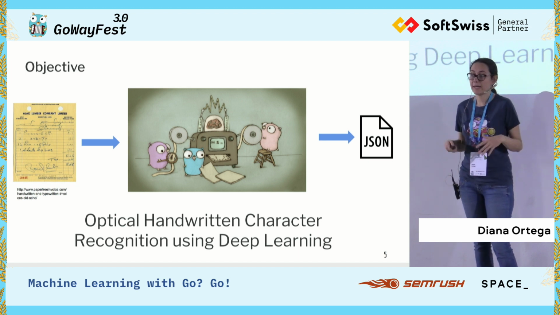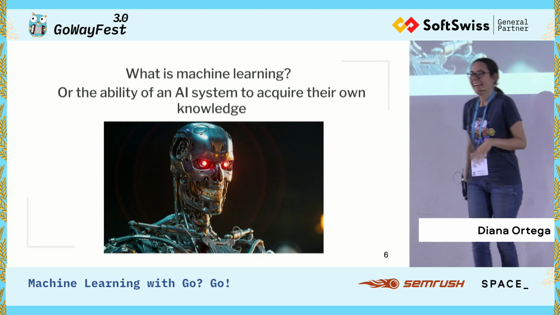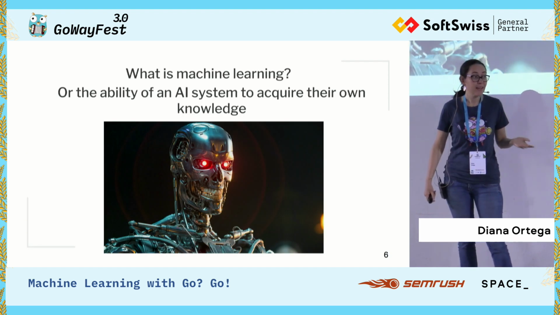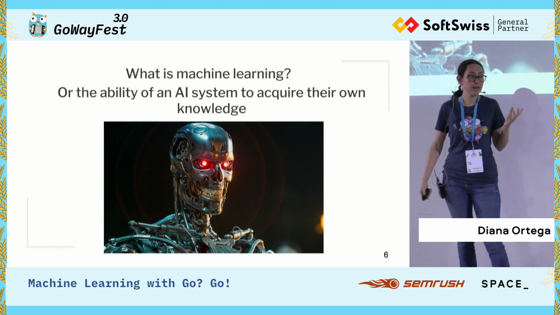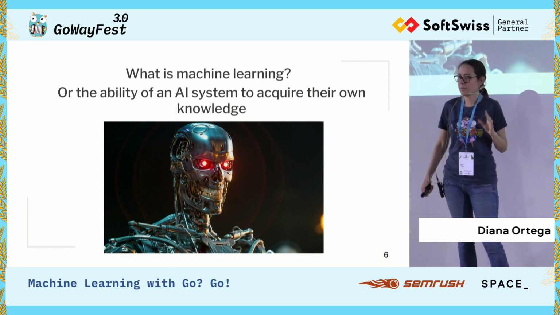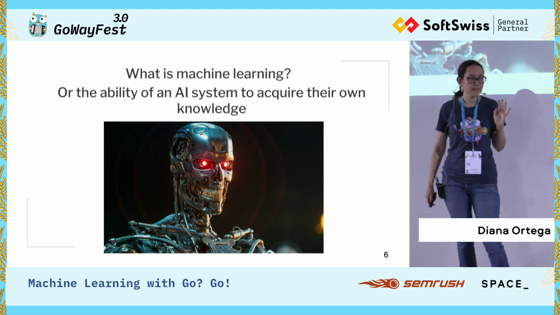Deep learning is a part of machine learning. And what is machine learning? Sorry, I'm spoiling. Machine learning is the ability of a system to acquire its own knowledge. When we talk about that, some people think about machine wars, Terminator, something like that.